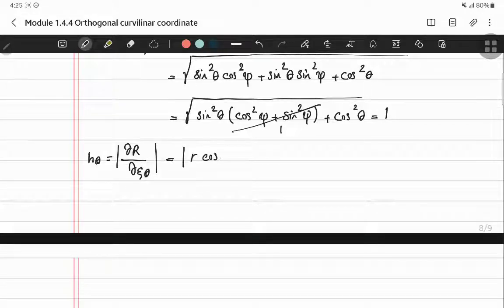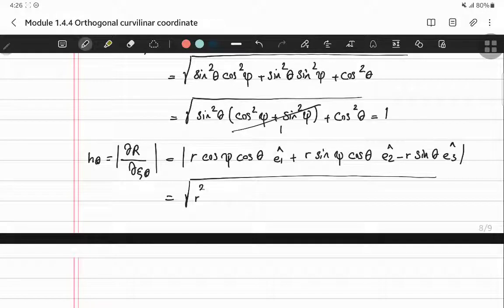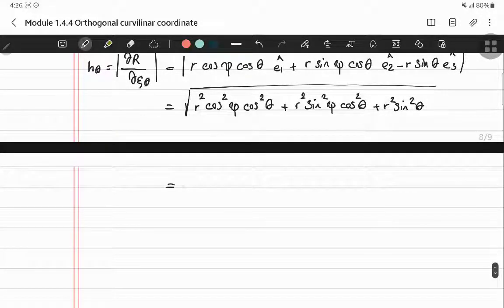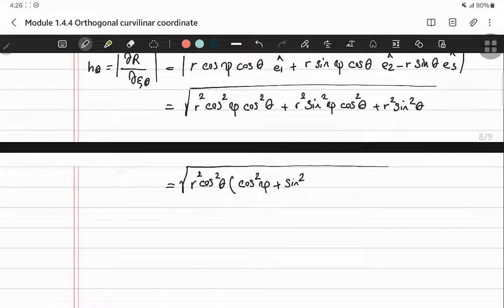So this is r cosine psi cosine theta e1 plus r sine psi cosine theta e2 minus r sine theta e3, which is equal to, okay, so this is r squared cosine squared psi cosine squared theta plus r squared sine squared psi cosine squared theta plus r squared sine squared theta, which is equal to r squared cosine squared theta times cosine squared psi plus sine squared psi.